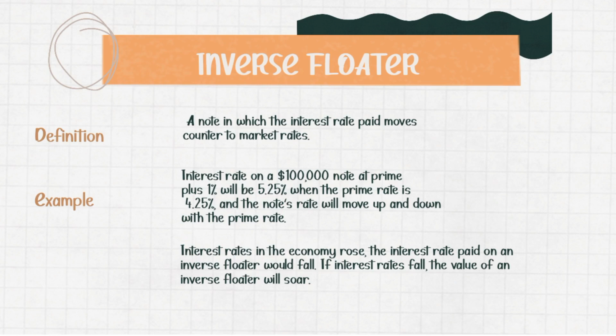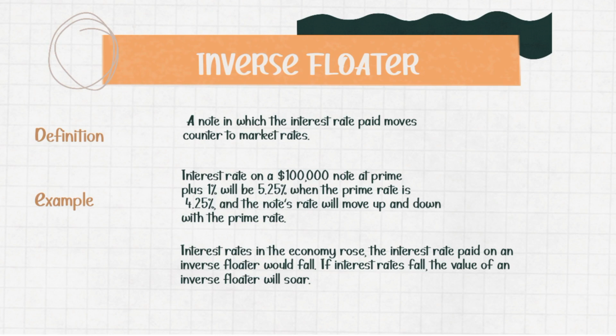For example, the interest rate on a $100,000 note at prime plus 1% will be 1.25% when the prime rate is 4.25%. And the note's rate will move up and down with the prime rate because the cash flows associated with the note and the discount rate used to value it rise and fall together. The market value of the note is relatively stable.